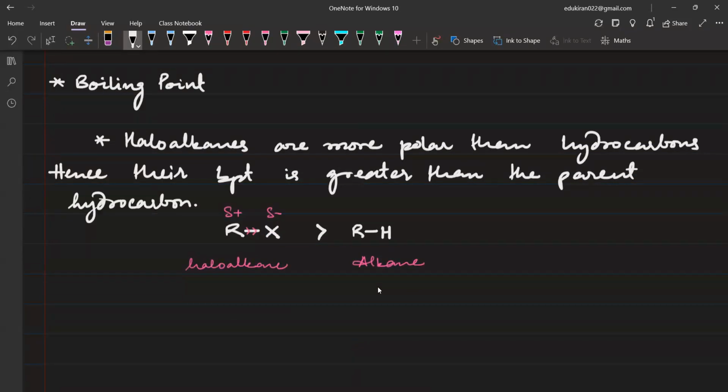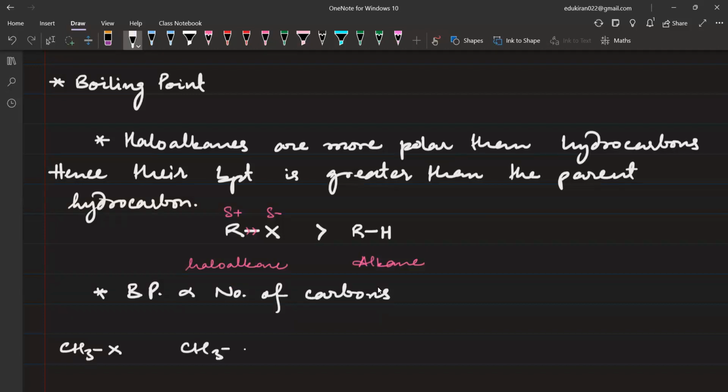Now, if we have same halogen atom, but the difference is present in the number of carbon atoms, then boiling point is directly proportional to number of carbon atoms. For example, CH3X versus CH3CH2X, please remember this X is halogen, and if it is fluorine, the comparison will be only with fluorines.